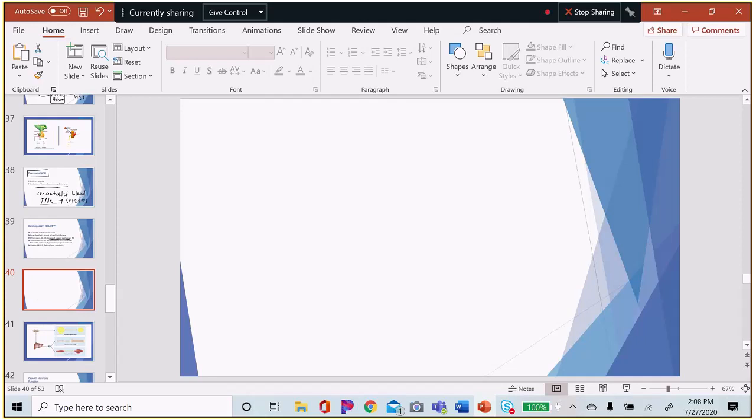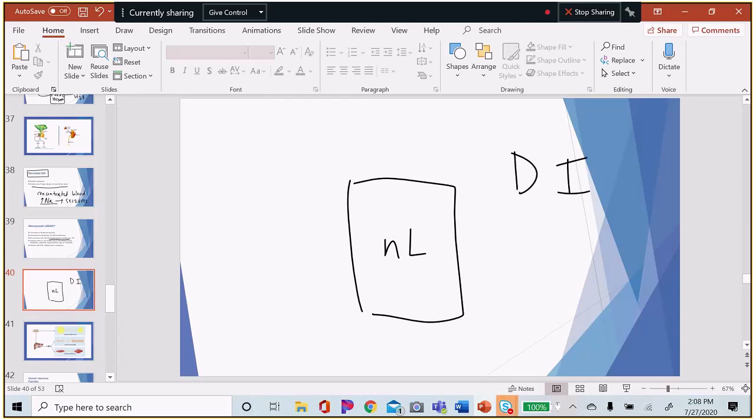So here we are, this is where we want to be, normal concentration. This person has diabetes insipidus, which means too much urine. And so they have elevated concentration, elevated sodium, and they're at risk for seizures.